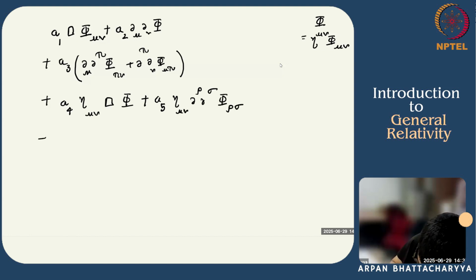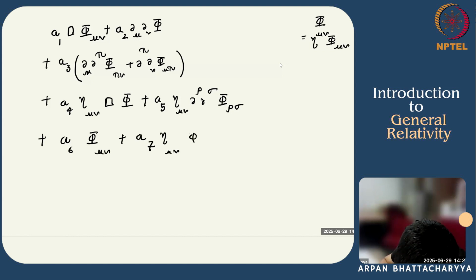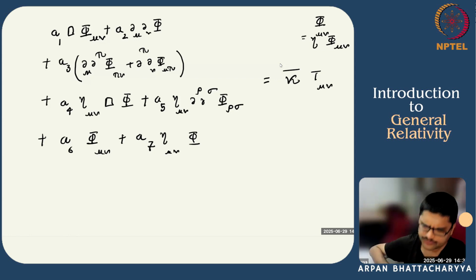Okay. And finally we have two more terms which do not include any derivative, just dependent on this field. A6, A7 eta mu nu, and this is equal to kappa bar T mu nu. Both side free indices are written downstairs.